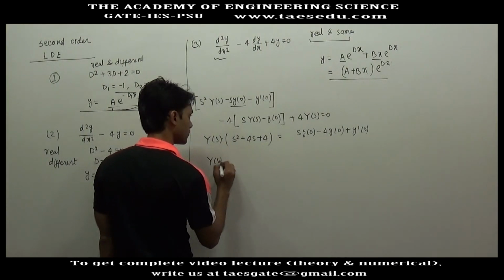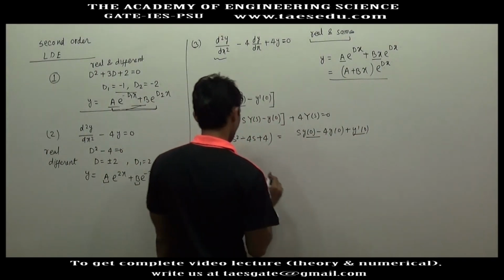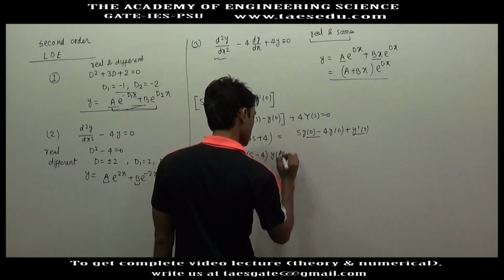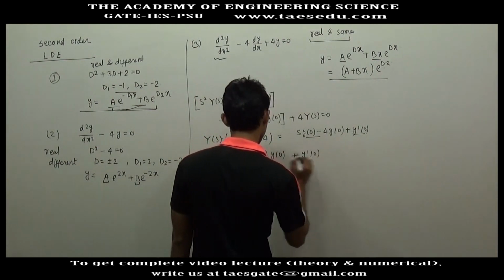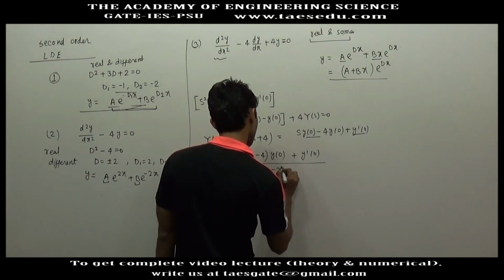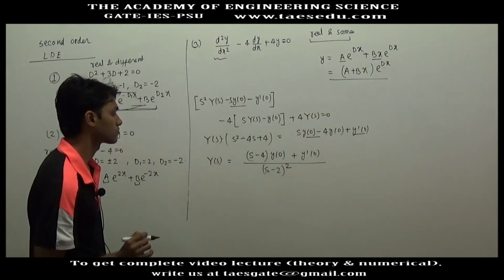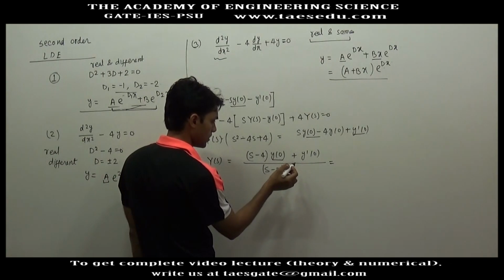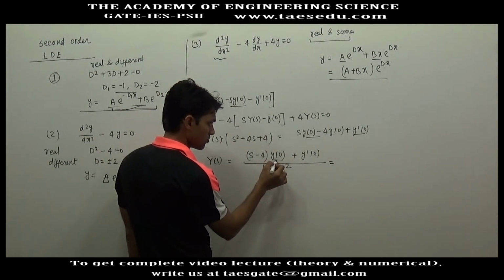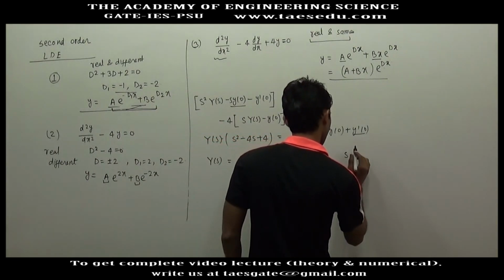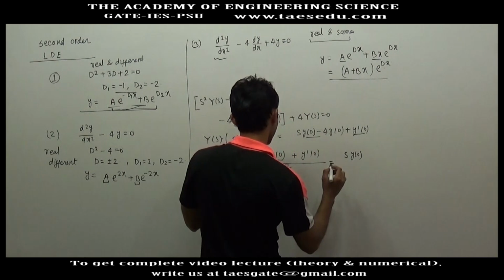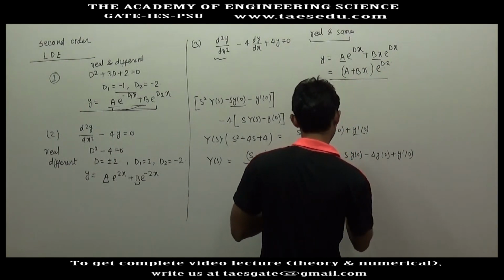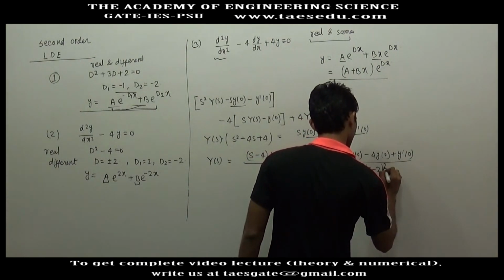So what will be Y(s)? y(0) and y dash 0 will be constants, so we will get Y(s) equal to s y(0) minus 4 y(0) plus y dash 0, divided by (s minus 2) whole square.